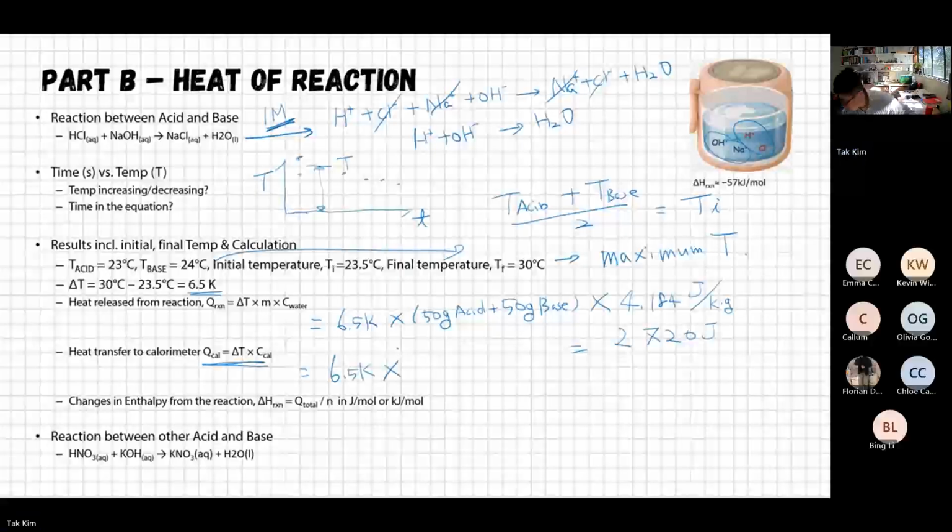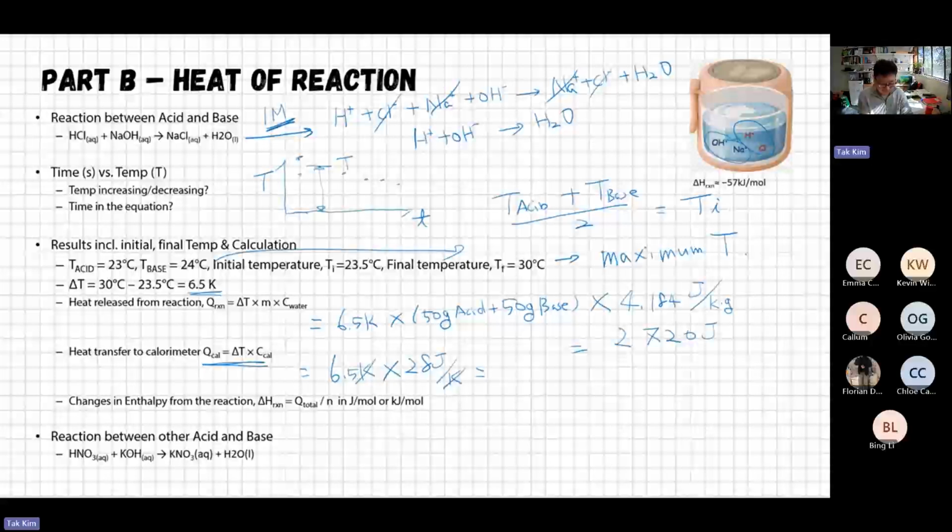And the heat capacity of the calorimeter I had, using the values I made up, is 28 joules per Kelvin, because the temperature change was 6.5 Kelvin. By simply multiplying these two, you should be able to get the number in joules.